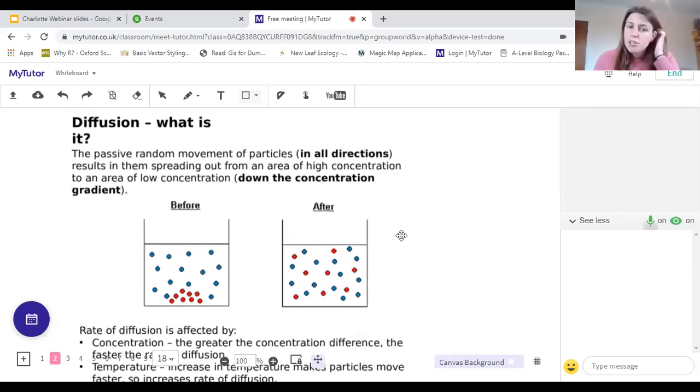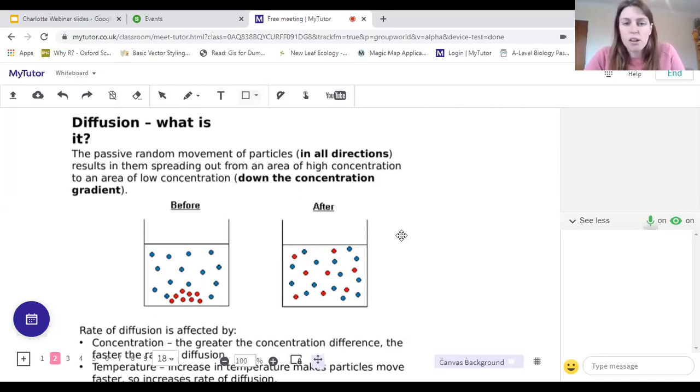So the first thing that we're going to cover is diffusion. The official definition of diffusion that you need to learn is the passive random movement of particles, which results in them spreading out from an area of high concentration to an area of low concentration.